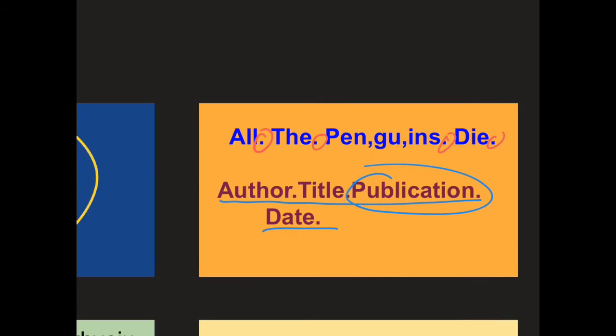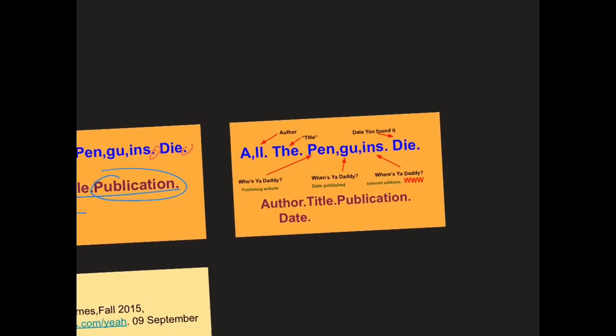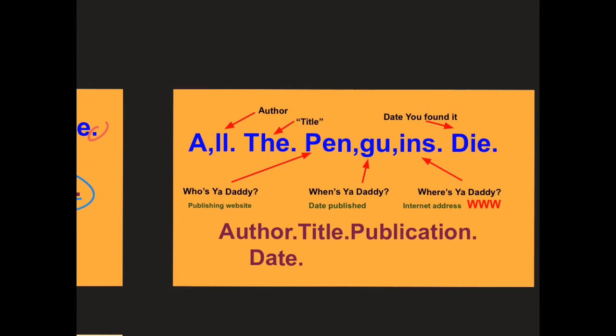So what we're going to do is take a look at how this works in a practical form. I'm going to bring you to an example here. One way of thinking about it is with the author. He's the all.